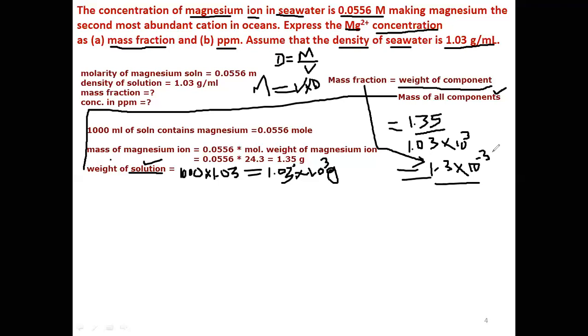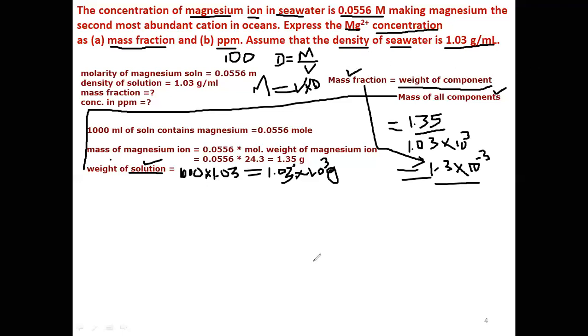Now we have to calculate ppm. Again, a very important point to remember: percent is by 100. In our previous lecture we gave a formula that from mass fraction we can calculate weight percent by simply multiplying it by 100.